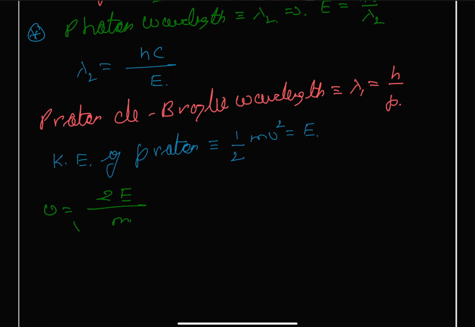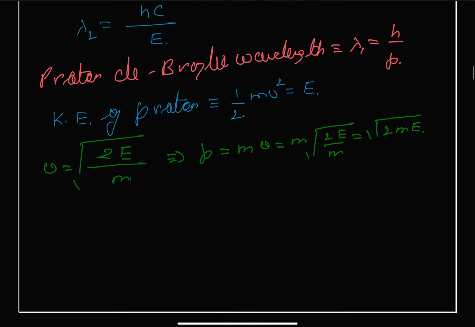From here we can find the momentum, that is P. P will be equal to mass into velocity, which gives us mass times square root of twice E upon m, that is square root of 2m multiplied by E. Therefore, lambda 1 will be equal to h upon square root of 2m times E.